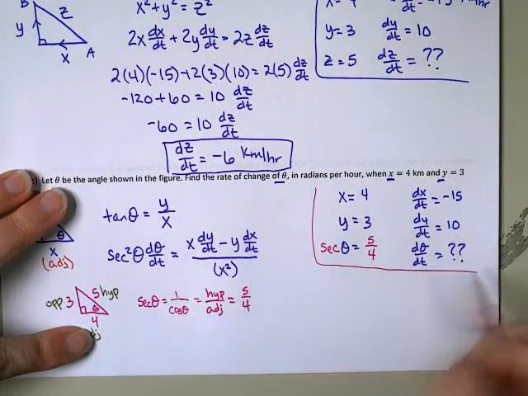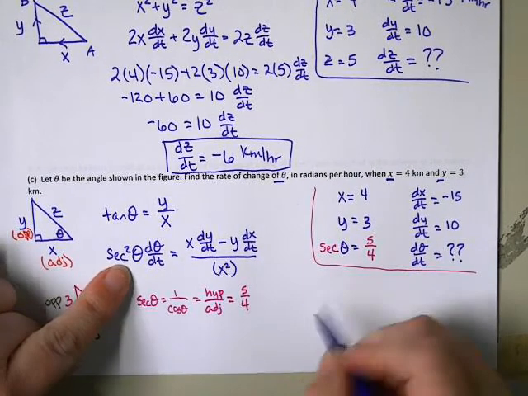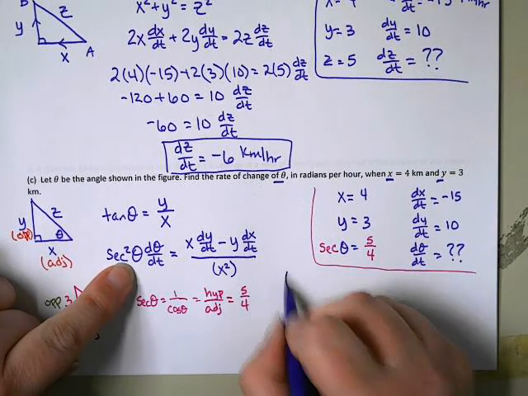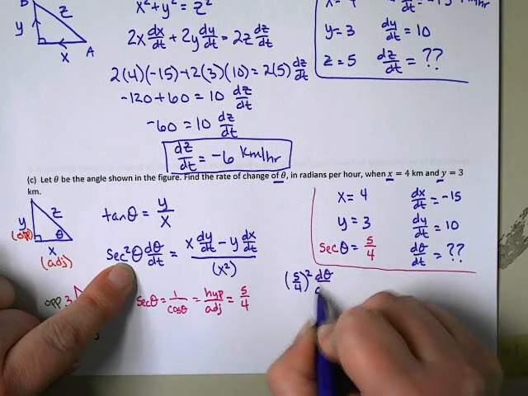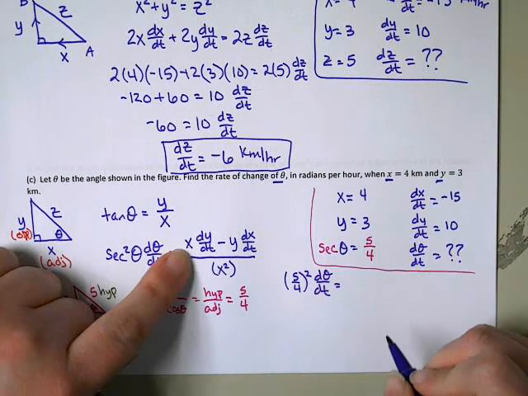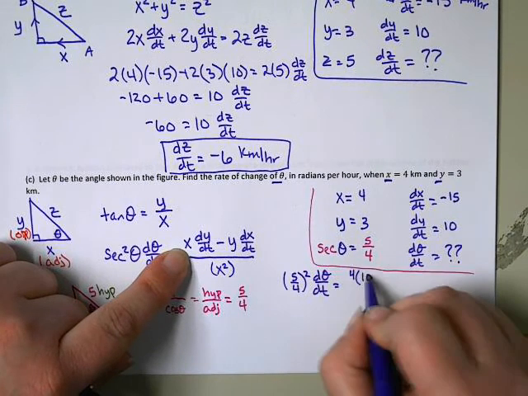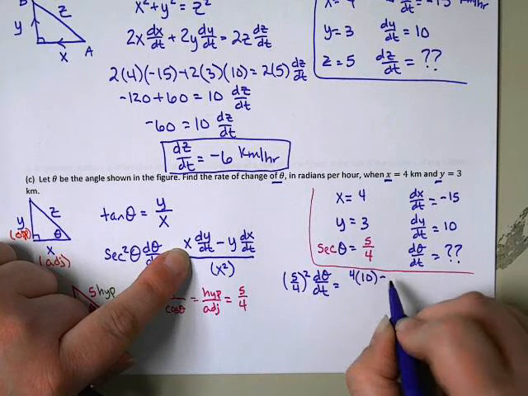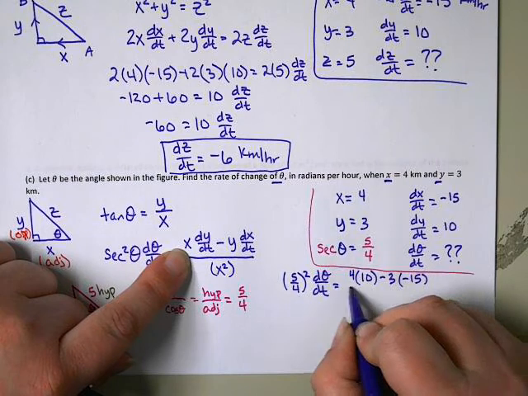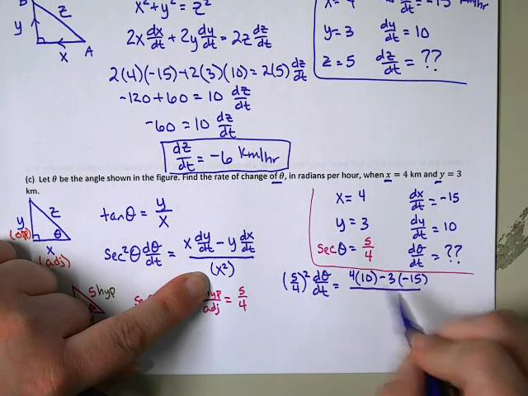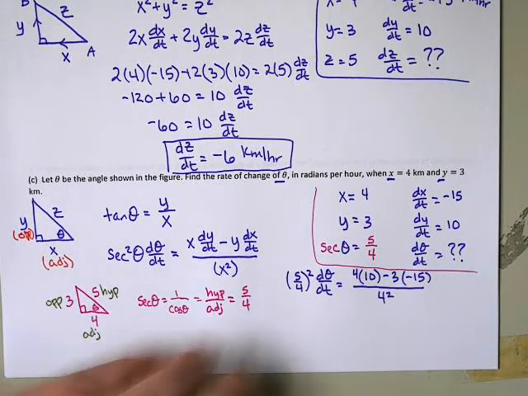So I'm going to kind of box this off. All right, so secant squared theta, so that means 5 over 4 squared d theta dt is going to equal x, which is 4, times dy dt, which is 10, minus 3 times negative 15, all over x squared, so all over 4 squared. Okay, and then we need to solve that.